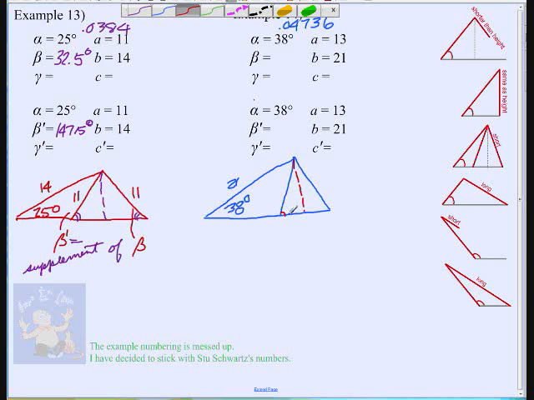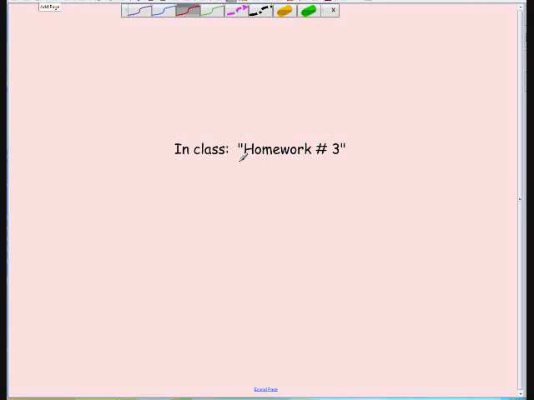I recognize that these two angles are congruent and that this is beta and this is going to be beta prime, the supplement of beta. So I would go ahead and go through all those calculations. You can finish that up in class or ask me any questions and work on homework problem number 3.